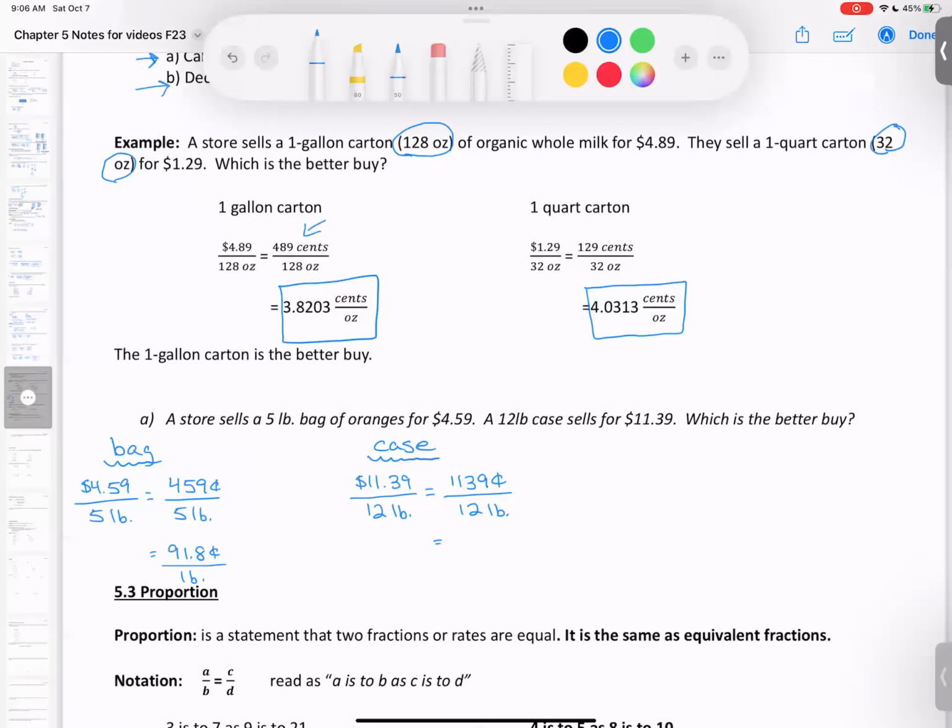And if we do that on our calculator, we get 94 point, if I round to the nearest tenth, 94.9 cents per pound. So actually in this case, your price per pound is cheaper for the 5 pounds of oranges. So the bag of oranges is the better buy.